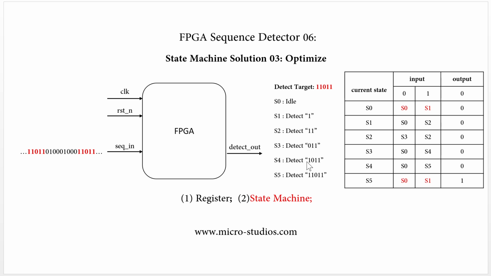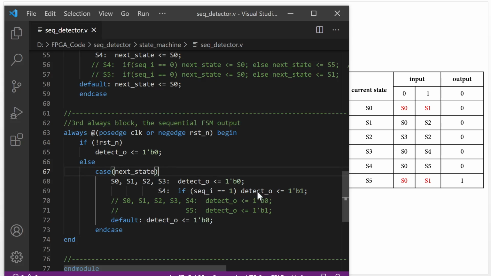If the input is 1, it means we already get the detected target, right? So we can output our detector result as 1. By this way, we remove the S5 state. So we save it.